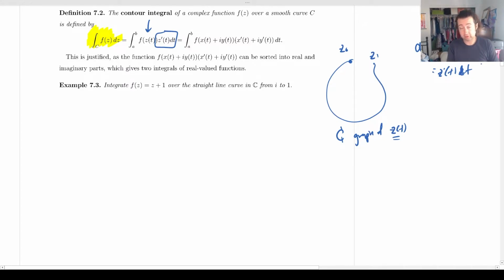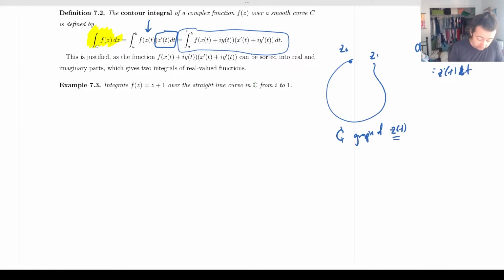Now, of course, these are complex functions, which means that we can expand them out into real and imaginary parts. So z is replaced by x plus iy, and then the derivative of z is just x prime plus iy prime. And that move right there justifies why we set it up this way. Because even though I can't show you in the formula, at this point, I have a complex function of just one variable, t, and that means it can be sorted into a real part, which will have no i's in it, and then some parts that have imaginary parts running around, where I could factor out an i.